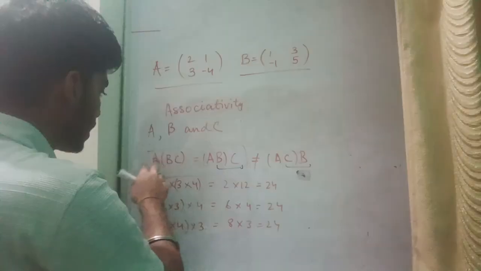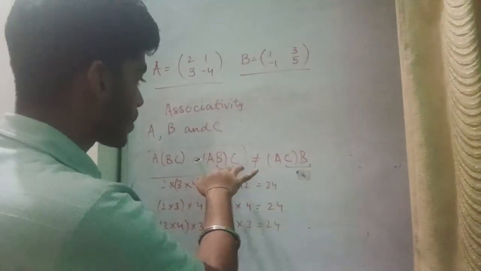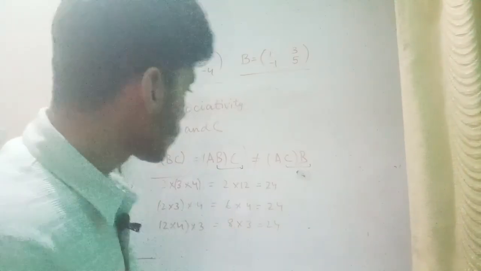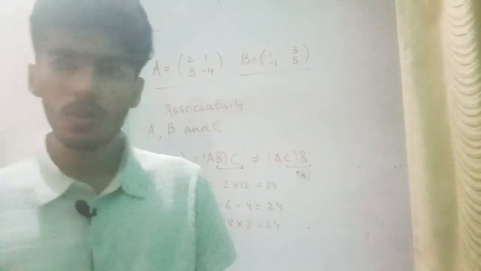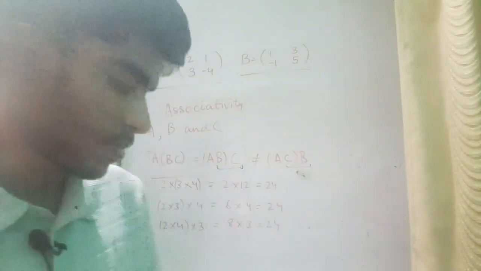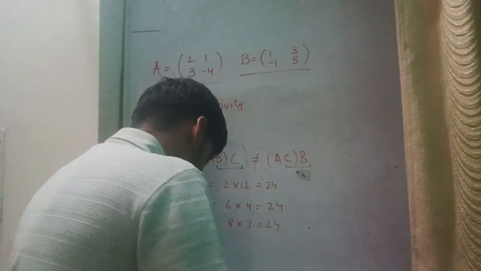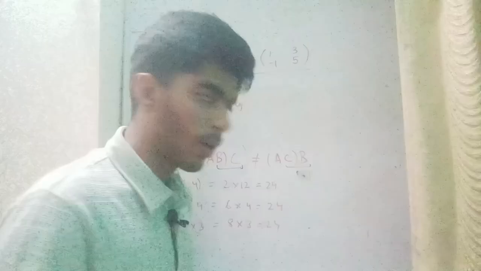So associativity holds weakly for matrices, right? The order in which the matrices are being multiplied needs to be taken care of. So these are some of the things that we have to take care of when we are talking about matrix multiplication, right? So let's review a quick summary of what we have talked about today.